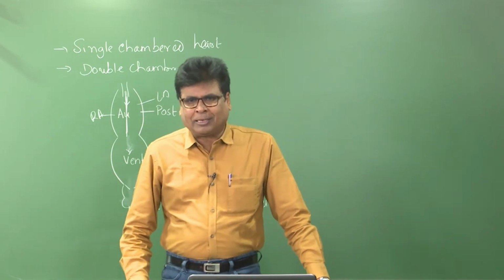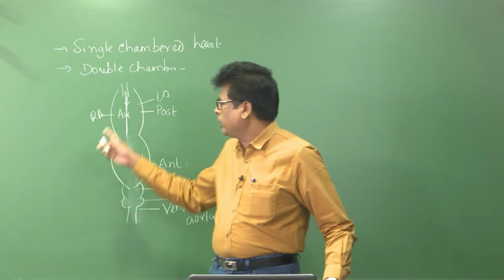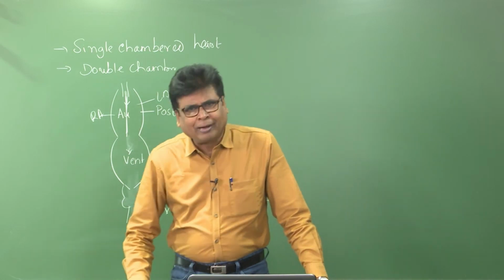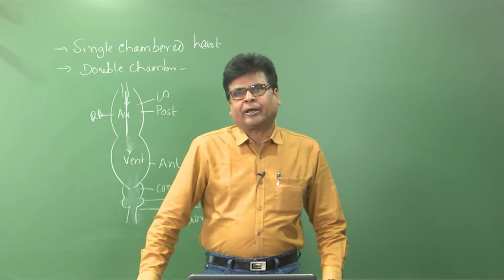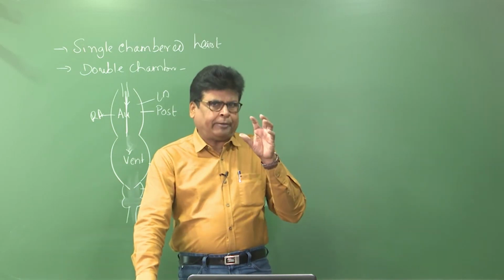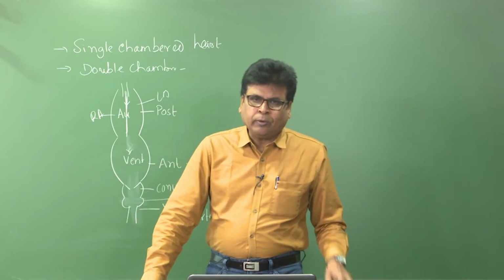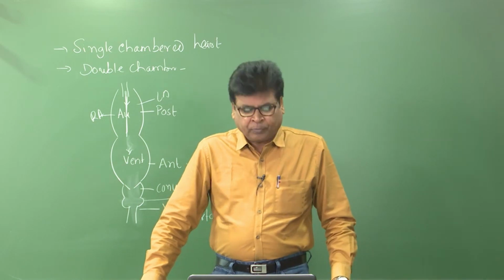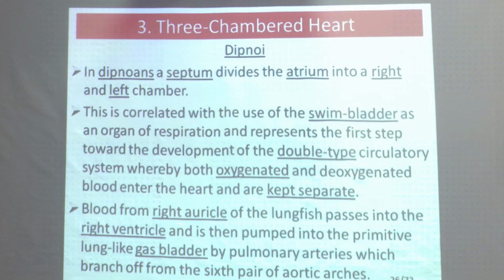So, in dipnoans a septum, a partition, divides the atrium into a right and left chamber. This is correlated with the use of the swim bladder as an organ of respiration, because we know in some fishes the swim bladder is also there.